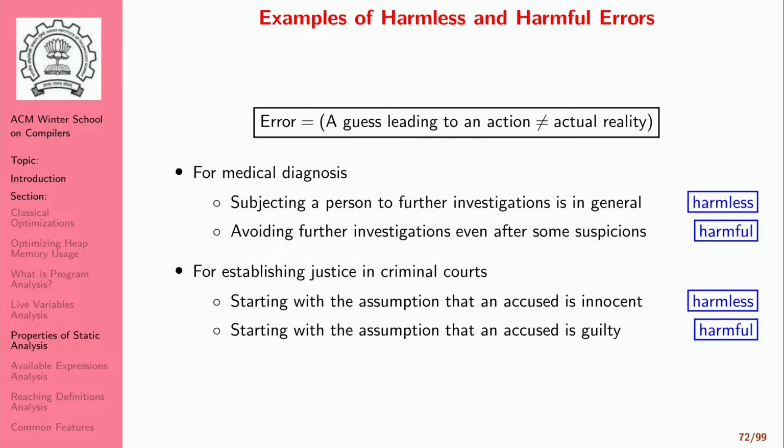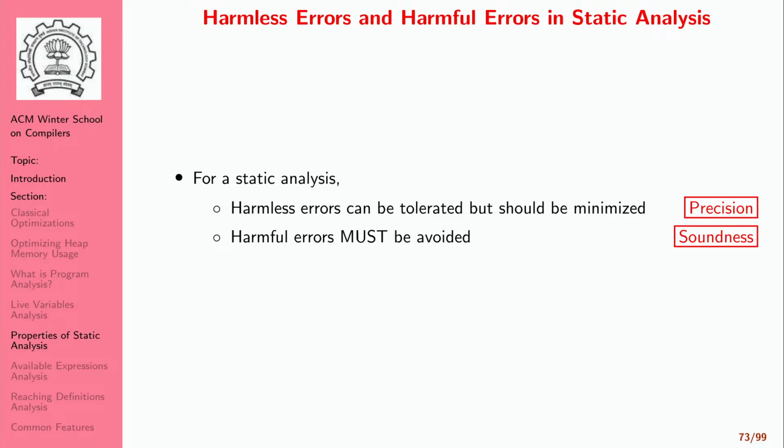Similarly, for establishing justice in criminal courts, starting with the assumption that an accused is innocent is harmless. That's considered the wisdom: to begin with, assume that the accused is innocent, and then you prove that the accused is actually not innocent, right? So starting with the assumption that the accused is guilty is harmful. There can be many more examples. The checks that happen at airports: subjecting everyone to serious checks is problematic.